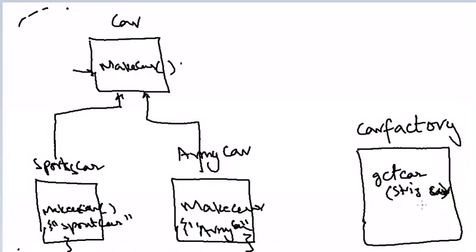If this string is sports car, then it will return the object of class sports car, or do sports car dot make car.